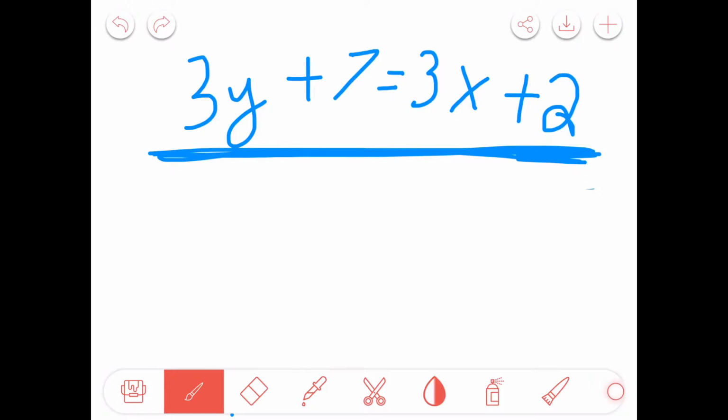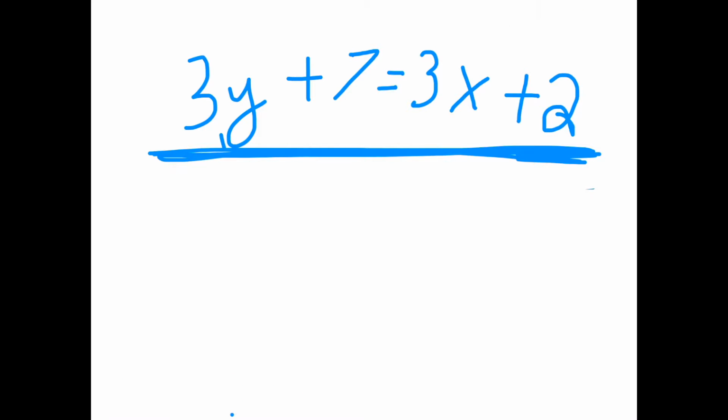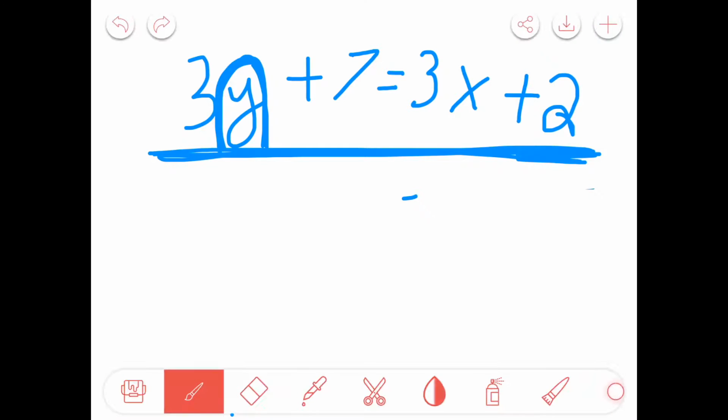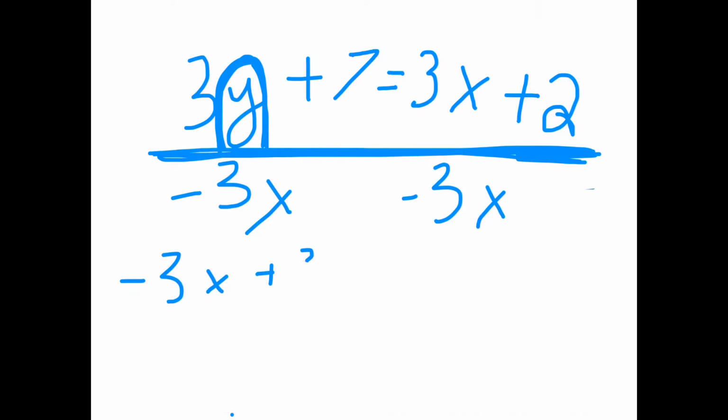Alright, now again, isolating the y is what's really important here, so what I would do is subtract 3x on both sides. So the answer would be minus 3x plus 3y plus 7 equals 2. Now, it's like the last equation that we did.